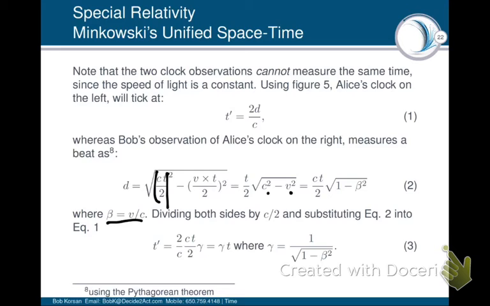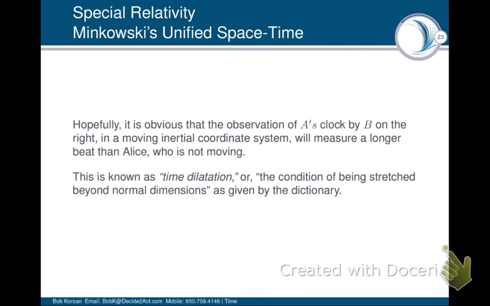Hopefully, from seeing that, you see that it's obvious that the observation of Alice's clock by Bob on the right in a moving inertial coordinate system will measure a longer beat than Alice, who's not moving.